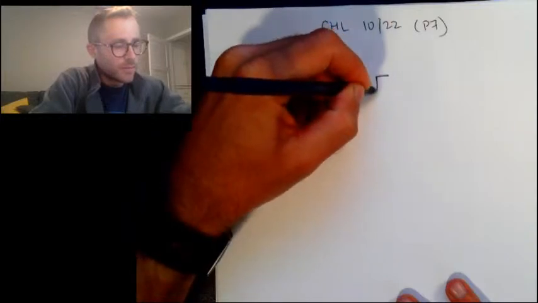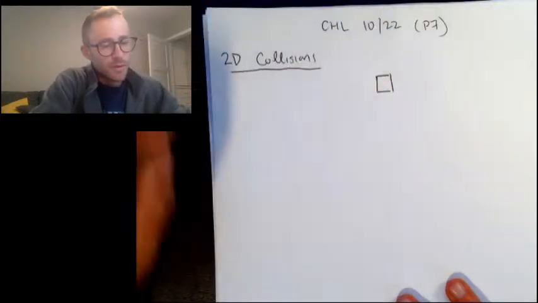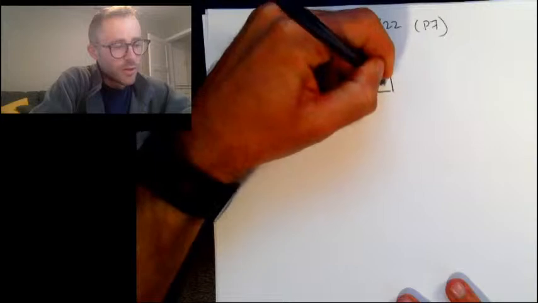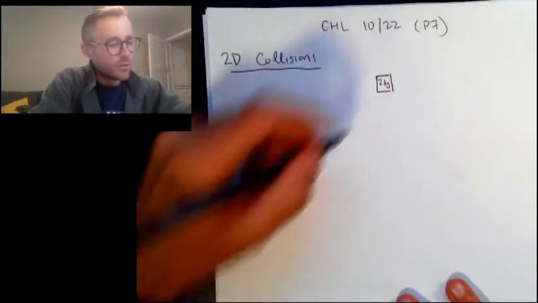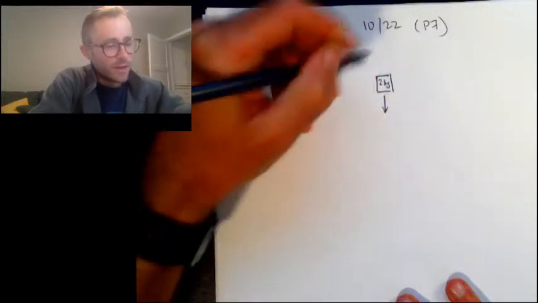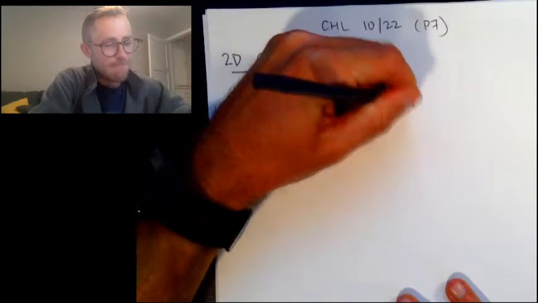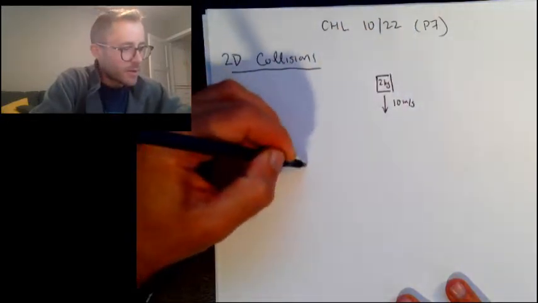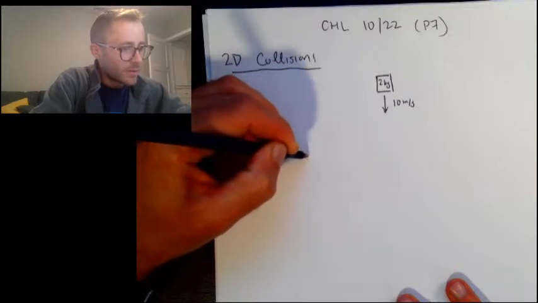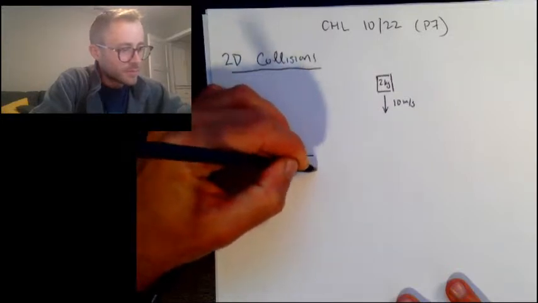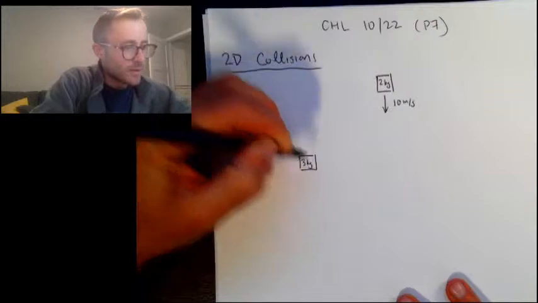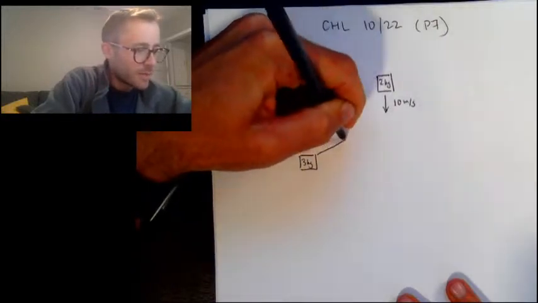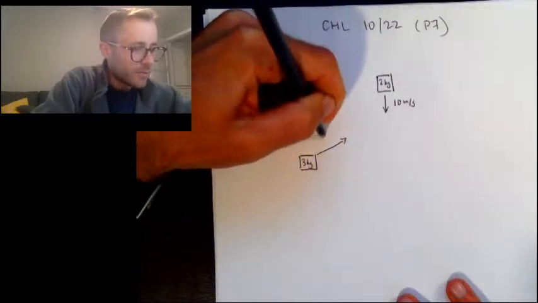We've got, let's say, a 2 kilogram object that is moving this way at 10 meters per second. And then we have a 3 kilogram object that is moving this way at 5 meters per second.